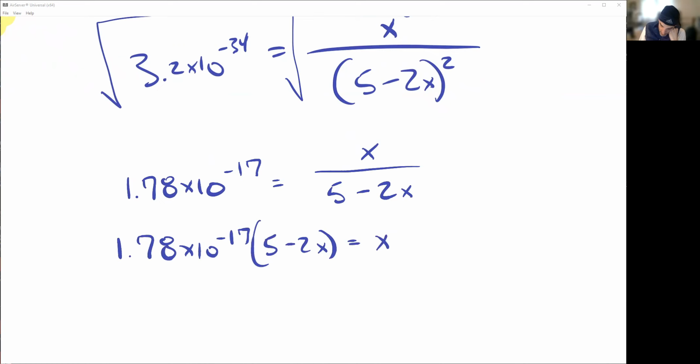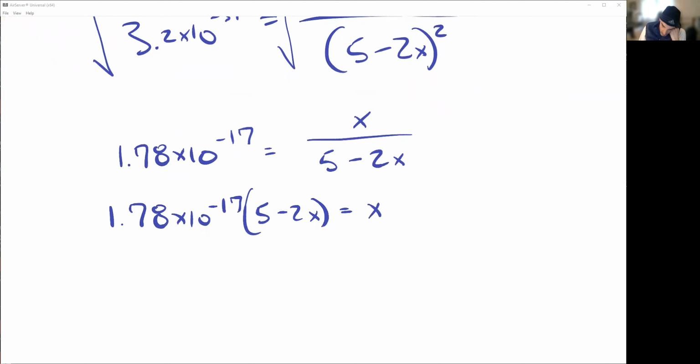So I'm going to distribute that 1.78 through. You end up with 8.9 times 10 to the negative 17 minus 3.6 times 10 to the negative 17 x is equal to x.